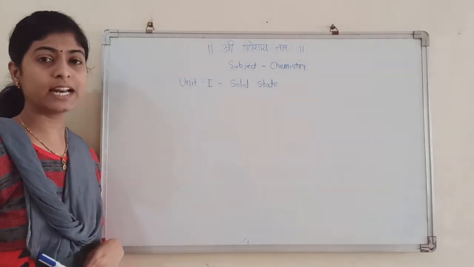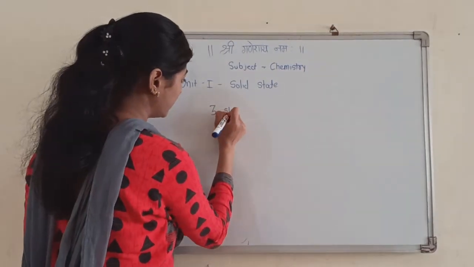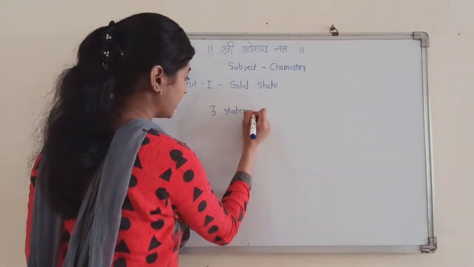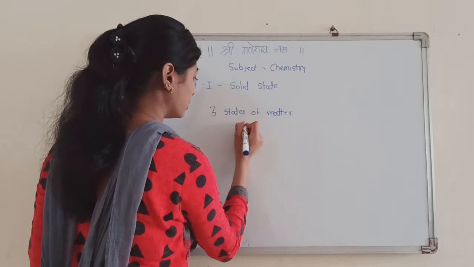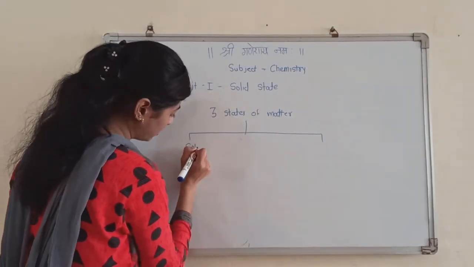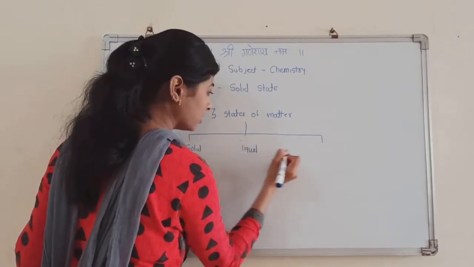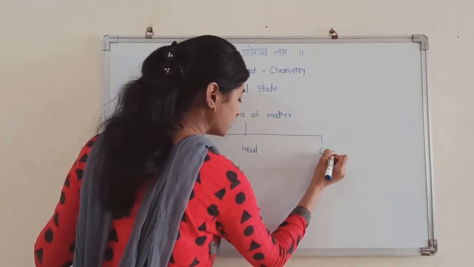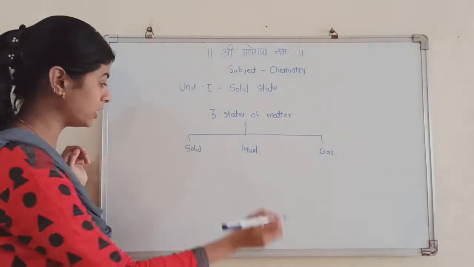As we know, there are commonly 3 states of matter, which include solid, liquid and gas. Now how can we define or explain a solid?